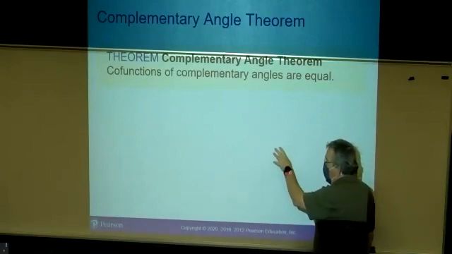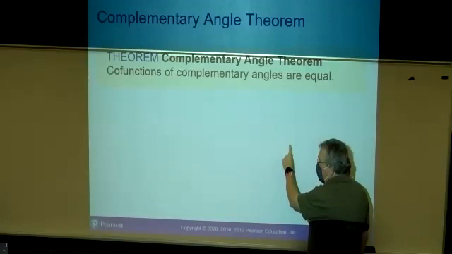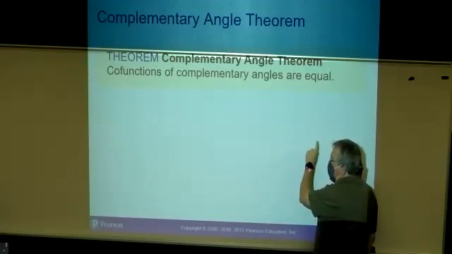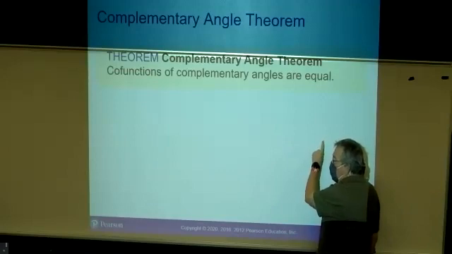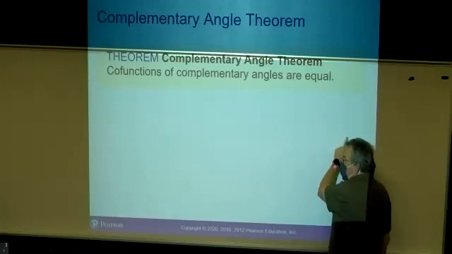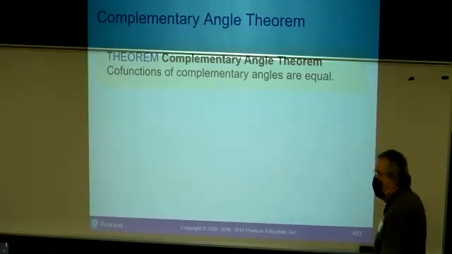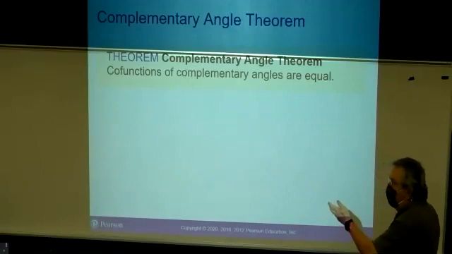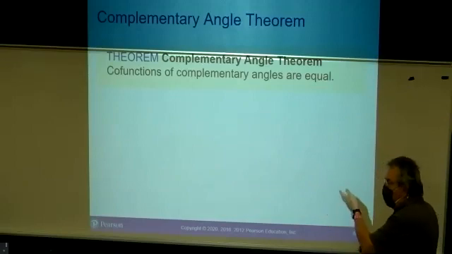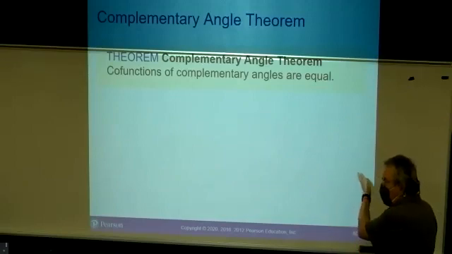So a function of one angle will equal the cofunction of the complementary angle. So tangent of 30 degrees will equal cotangent of 60 degrees.